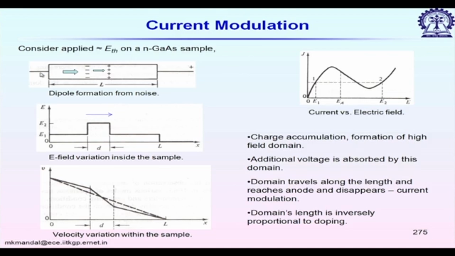We are applying some biasing voltage between the left and right hand side, cathode and anode, and because of that we have an electric field inside the sample.